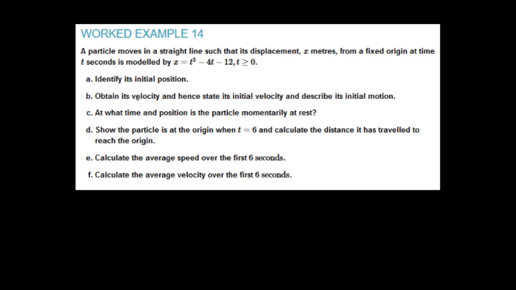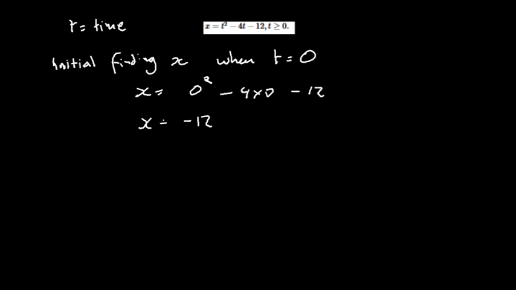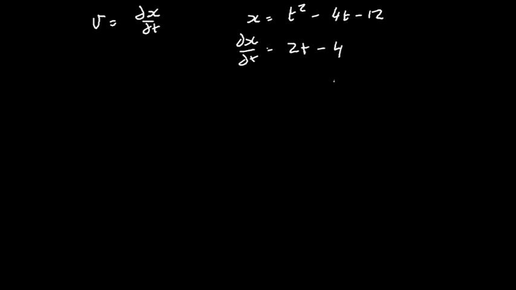Part B says obtain the velocity and hence state the initial velocity and describe its initial motion. So if we remember, v is the same as dx/dt. If we find the derivative of the original function, our derivative is going to be 2t take 4. So that's our velocity.